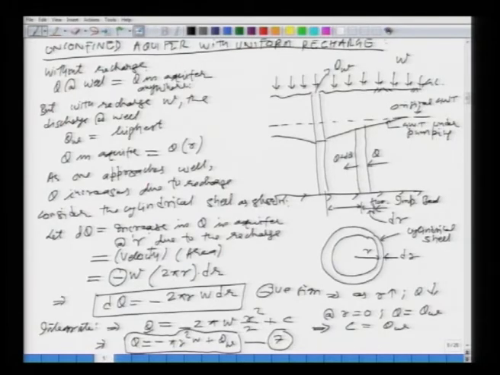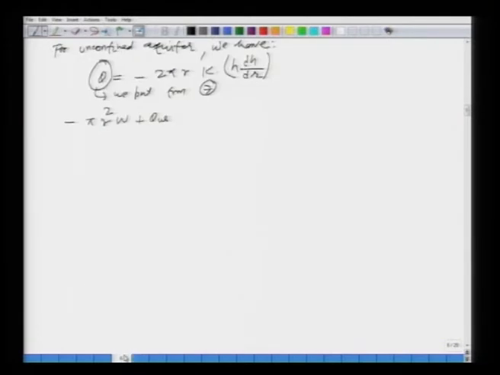That is what Q is: from equation 7, it is QW minus pi r square W. You just put that value of Q here and equate it to the right hand side, which will be minus 2 pi r k h dh over dr. Now, we separate the variables like we normally do, r on one side and h on the other side, so that we can do the integration.